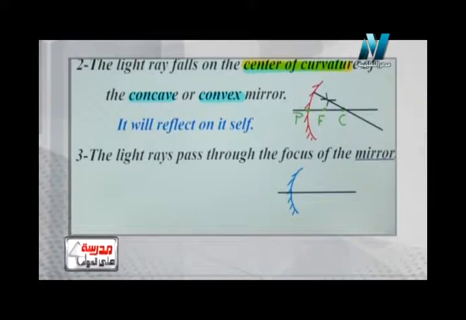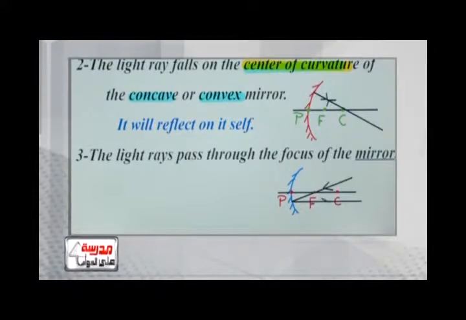Okay, and here we have C, the center of curvature, here we have F, the focus, and here we have P as the pole of the mirror. In this case, the light falls through the focus. It will reflect how? It will reflect parallel to the principal axis.